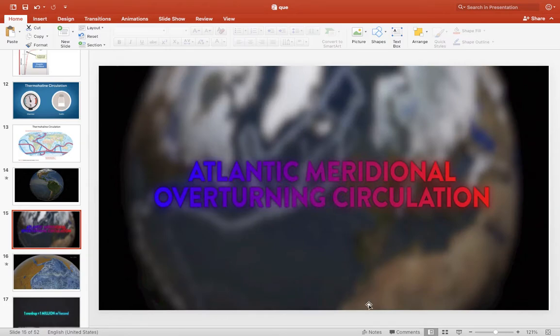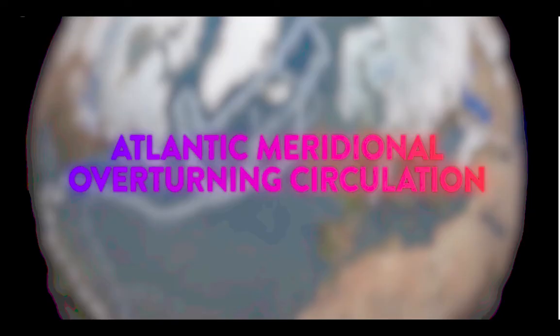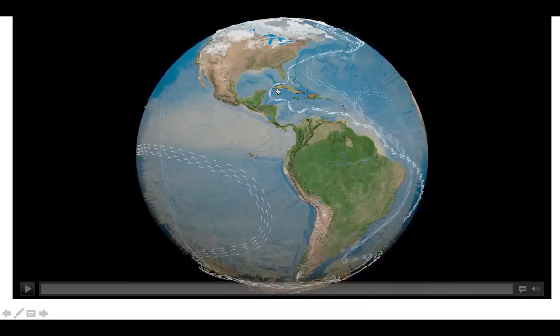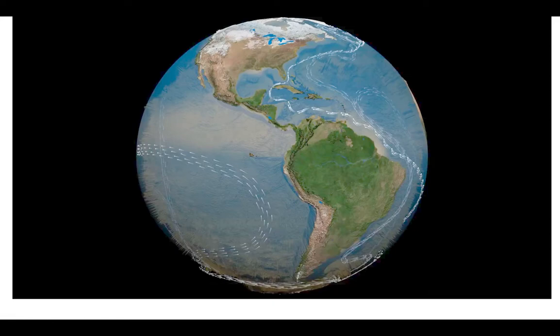Now this is all about thermohaline circulation. I will describe further. But this thermohaline circulation in the Atlantic region is also known as the Atlantic meridional overturning circulation. It is a part of thermohaline circulation occurring in the Atlantic region. The entire thermohaline circulation kick starts in the Atlantic, near the Arctic regions.